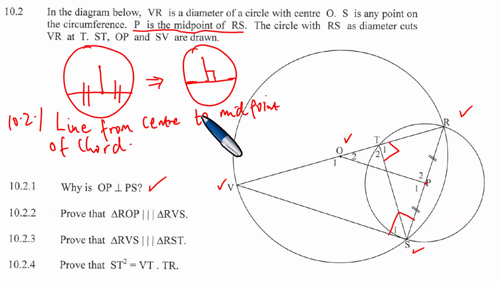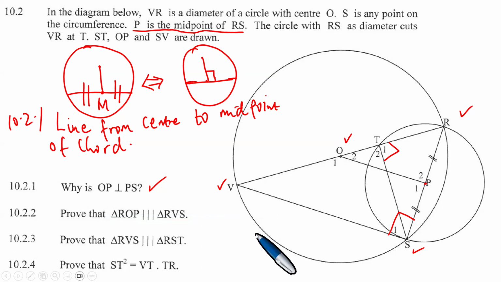And therefore, because P is the midpoint of RS, the midpoint produces perpendicularity. And also, this is true: if this is perpendicular, then you have a midpoint. So, okay, these are the things you need to learn. Let's look at the next question.